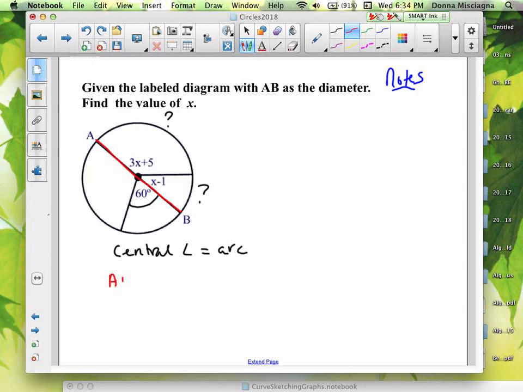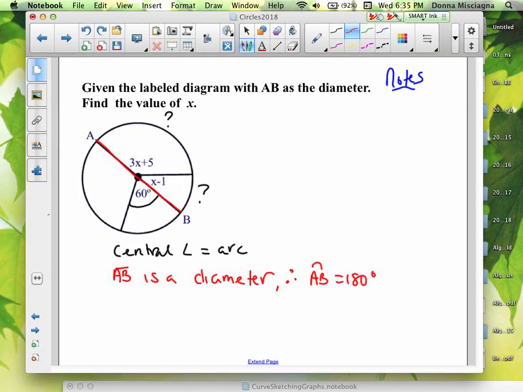Arc AB is not a diameter; segment AB is a diameter. Therefore, arc AB equals 180 degrees.